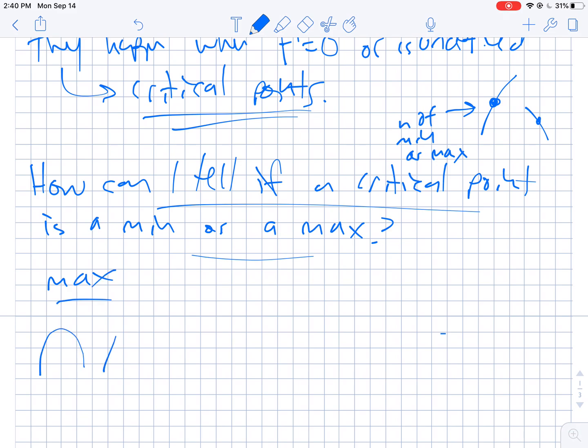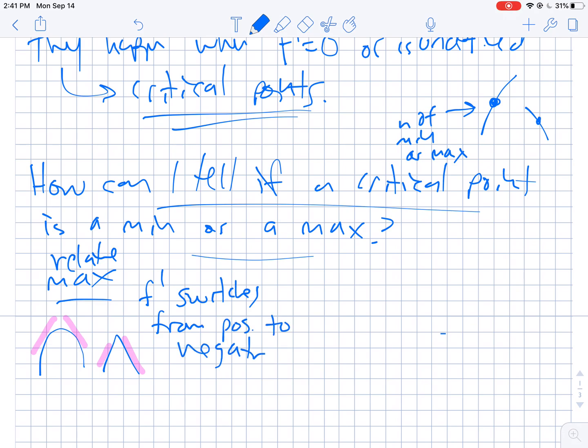A maximum looks like that or like that. What's happening there is at the left, your slope is positive and then your slope is negative. The way we define a relative max, and again this is relative, is when your f prime switches from a positive to a negative.